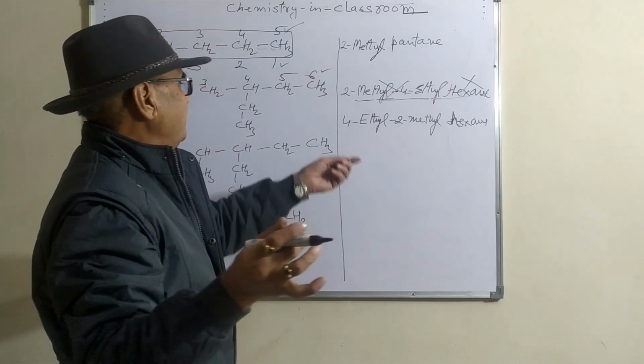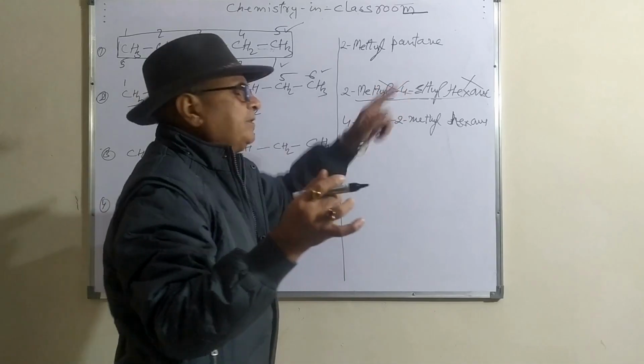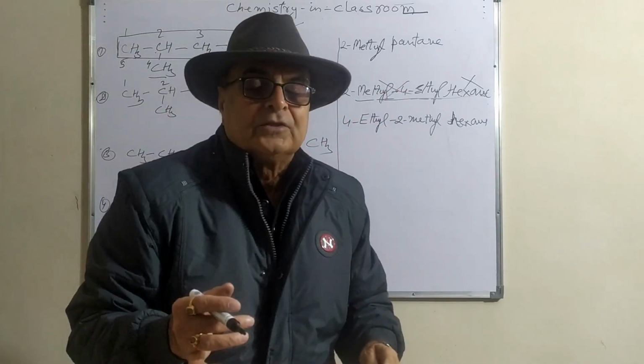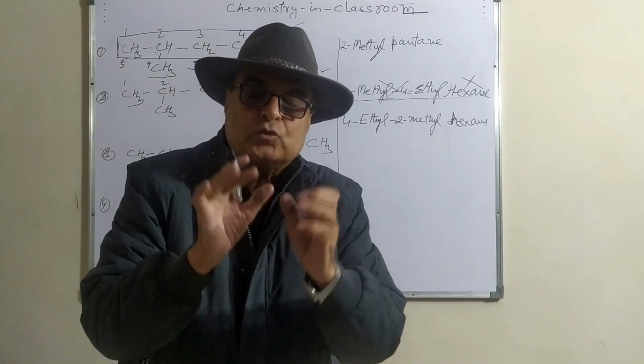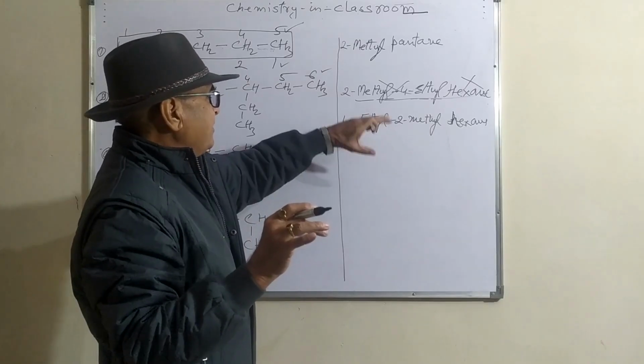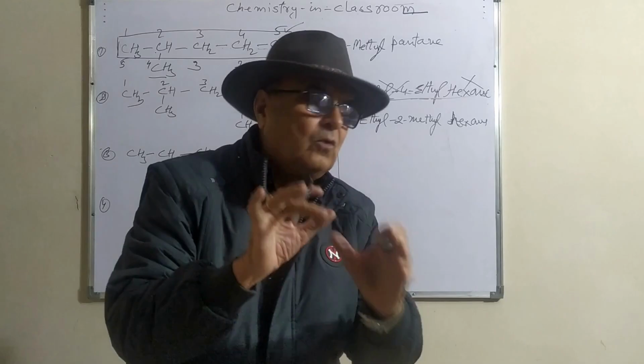Otherwise, half the students will write 4-ethyl and the rest will write 2-methyl. Both are correct, but the name of the compound should be specific. So here the rule comes that the prefixes are written in alphabetical order.